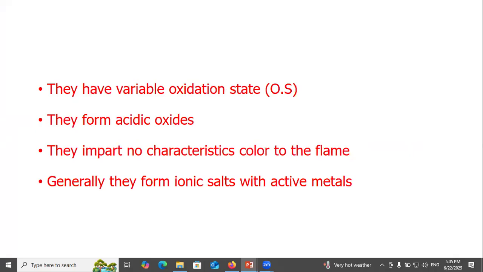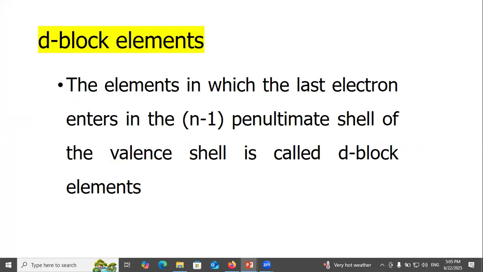They have variable oxidation states. They form acidic oxides. They impart no characteristic color to the flame. Generally, they form ionic salts with active metals.